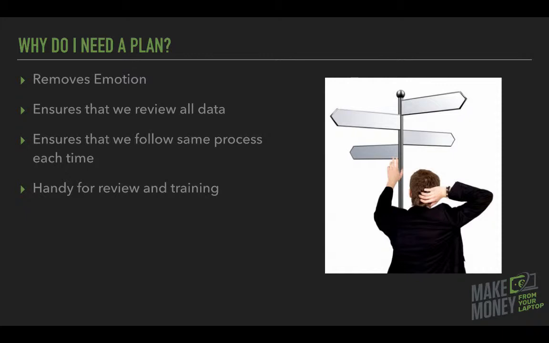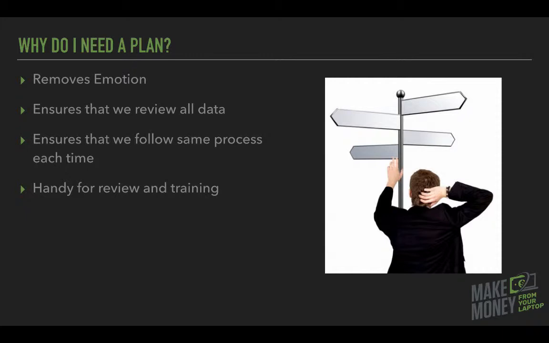Well, the reason you need a plan is because when you have a plan, it removes some of the emotion. I know I say here on my slide that it removes emotion. It doesn't remove emotion. We're emotional beings. That's what we are. We're humans. But by having a plan, it does help ground us a bit and take some of that emotion out of it because we've got a system of rules that we can operate through.